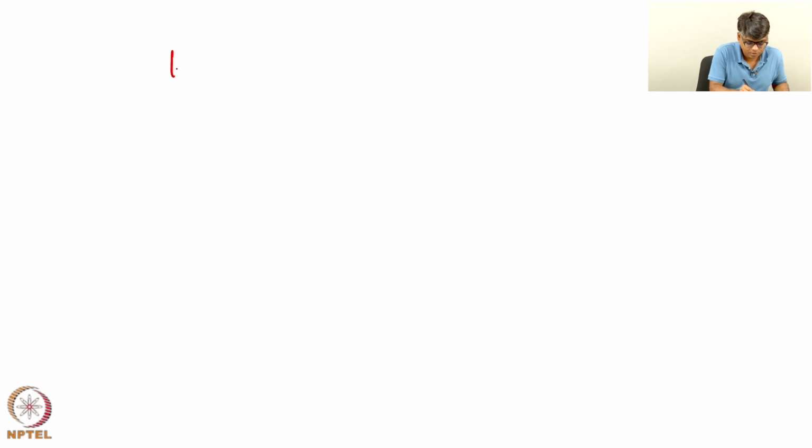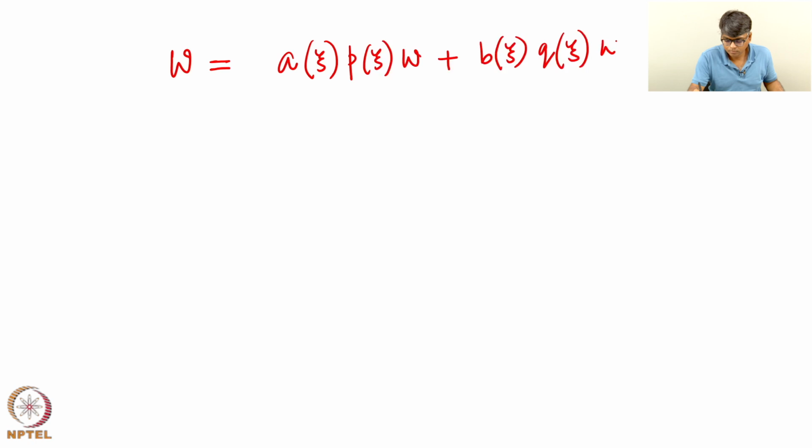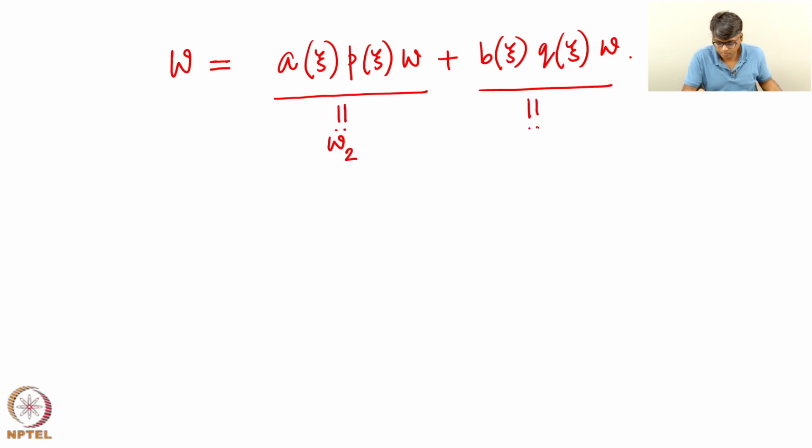Somebody gives me a trajectory W. I write W as A psi P psi W plus B psi Q psi W. Notice this term, I define this to be W2 and I define this to be W1.